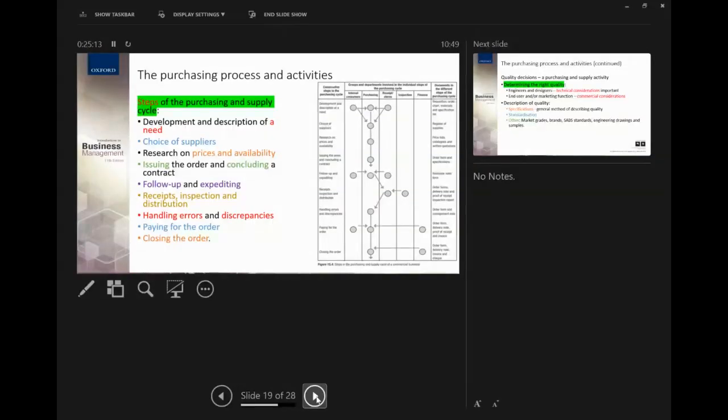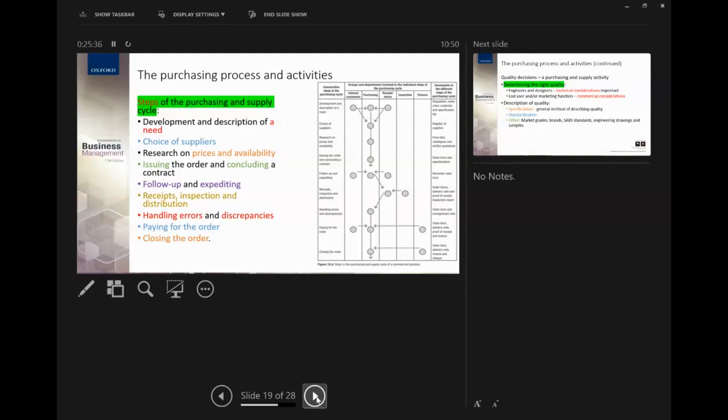Now we're talking about the purchasing process and activities. The steps of the purchasing and supply cycle. First things first, there has to be a need. This is the last slide we'll look at before we take a break.